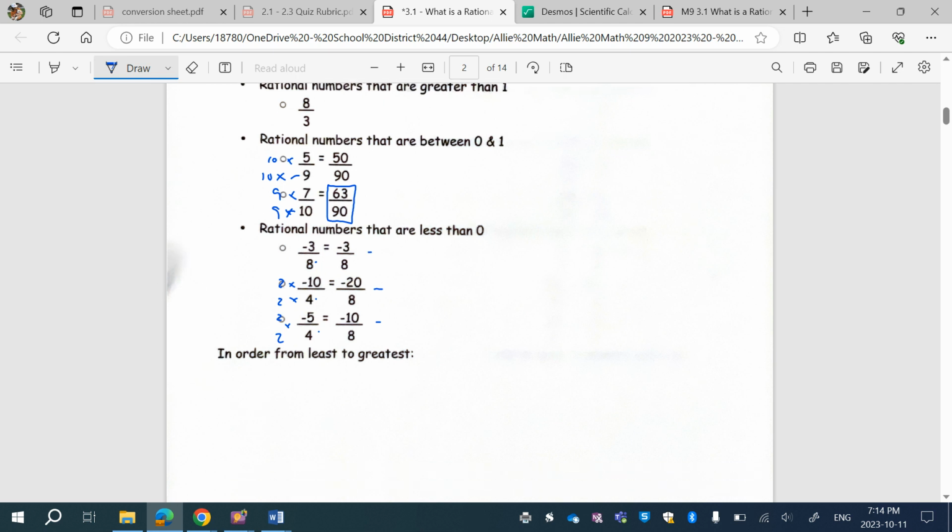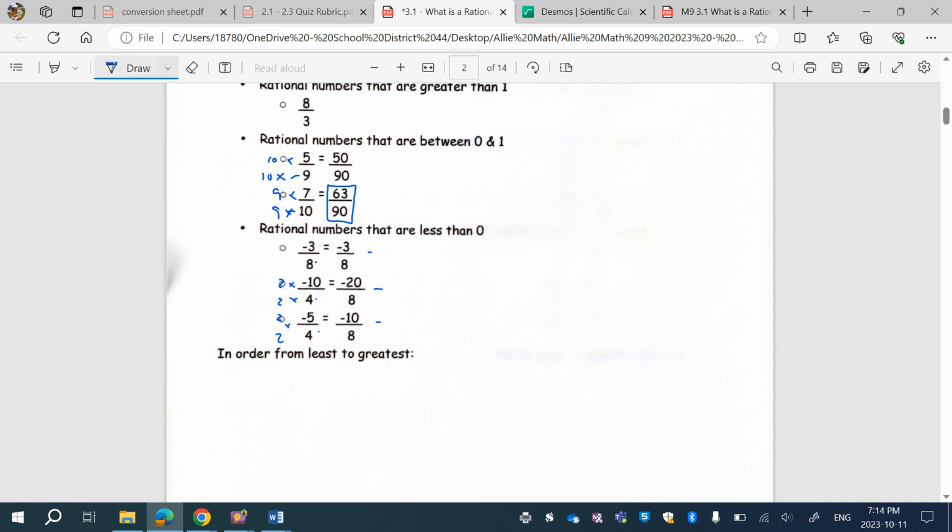So order from least to greatest, we've got negative 20 over 8, my bad. Okay, let me go back. I think I'm going to keep it in its original form, even though I have converted it.